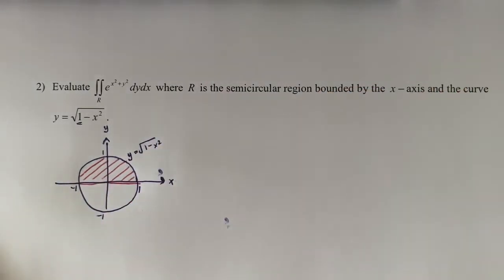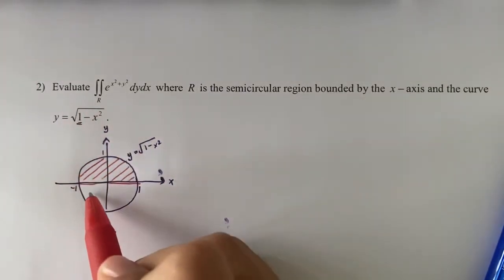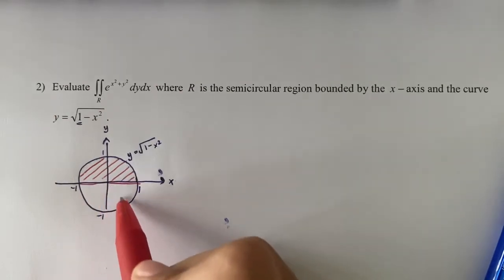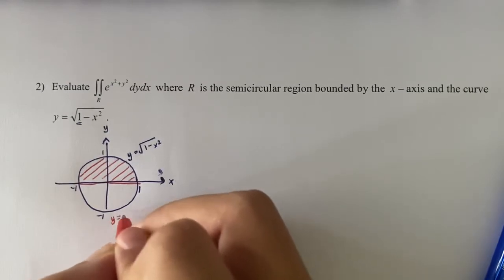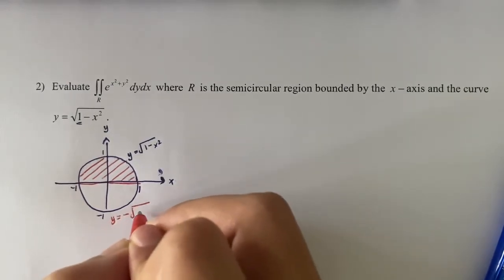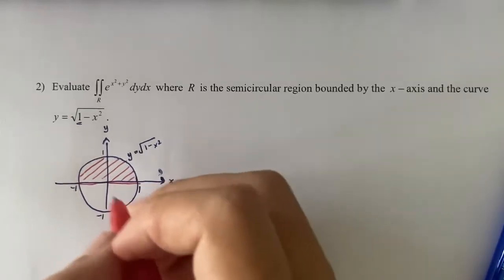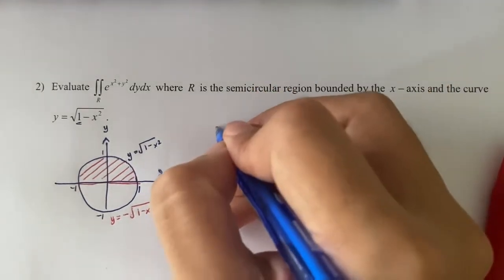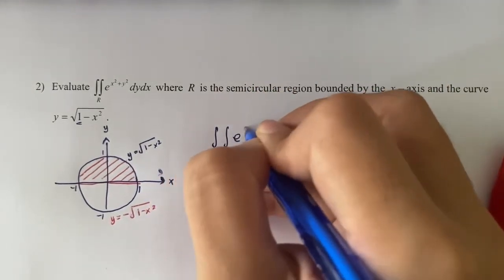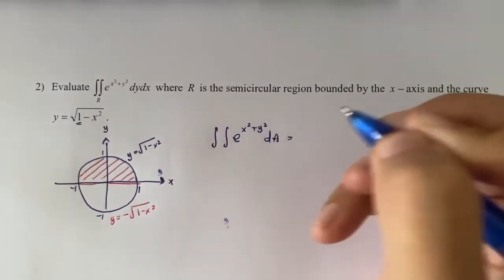If it says semicircular region, but this is y equal to minus, if you have minus here, so meaning that this is the region you consider, because this bottom part is y equal to negative square root of 1 minus x squared. Okay, lower semicircular.